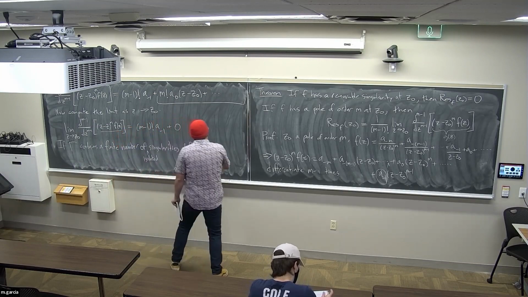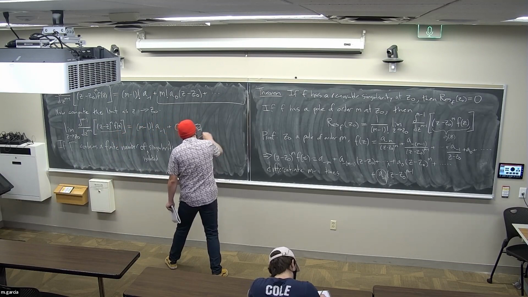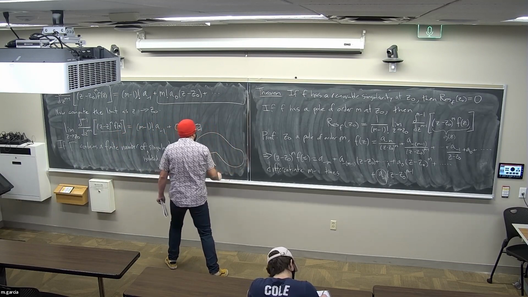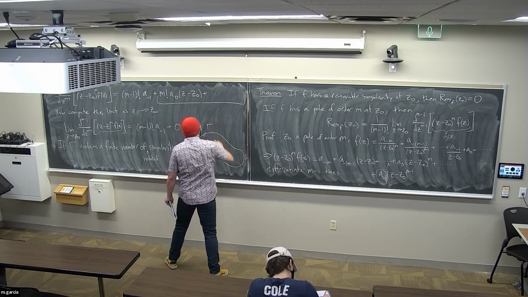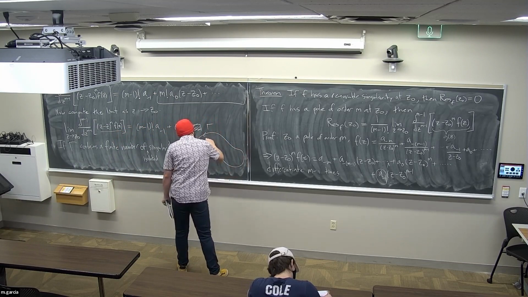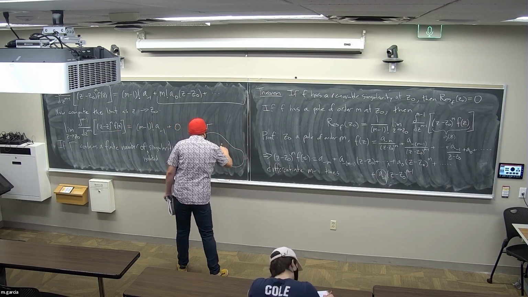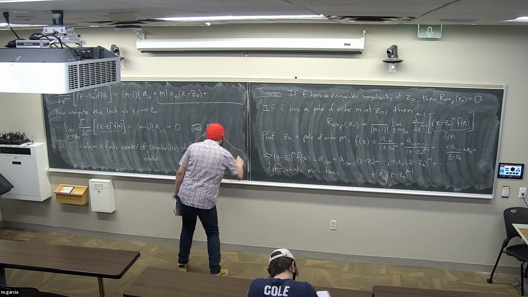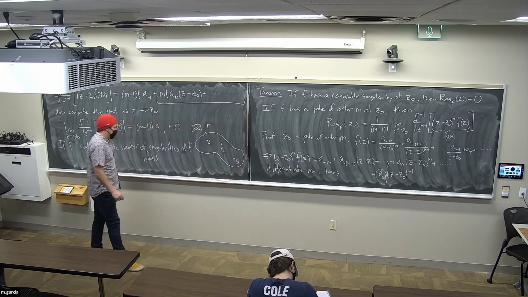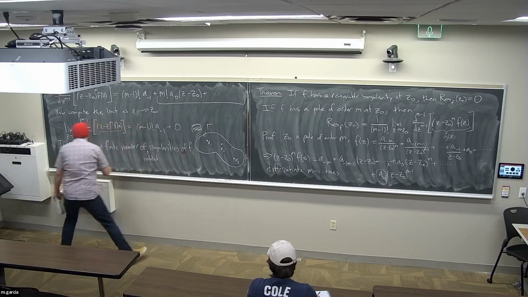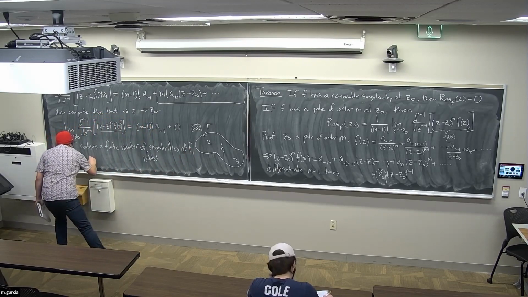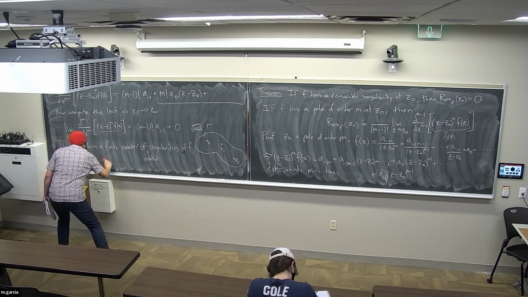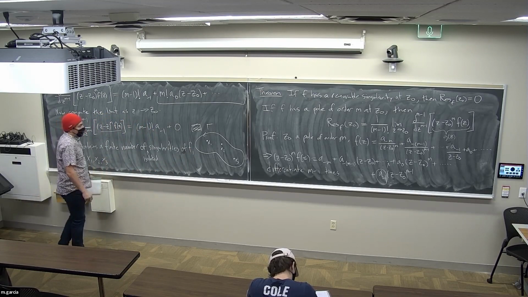Okay, so let's say here's our contour gamma, positively oriented. And let's say I have x1, x2, and x3, all isolated singularities of f. Here's my picture.